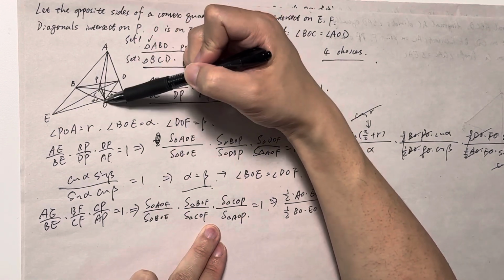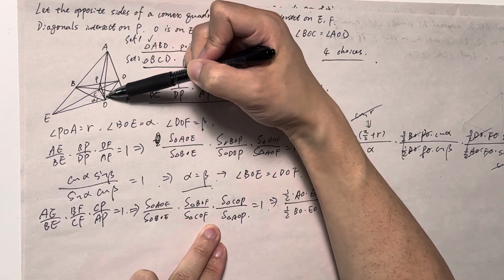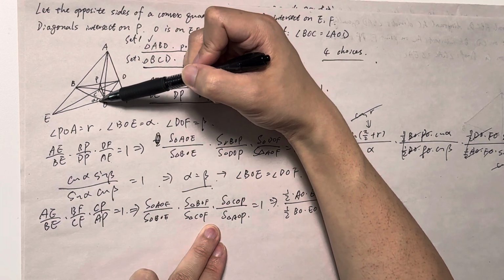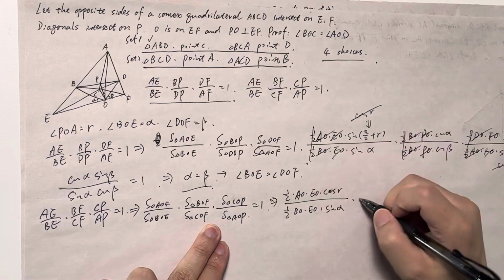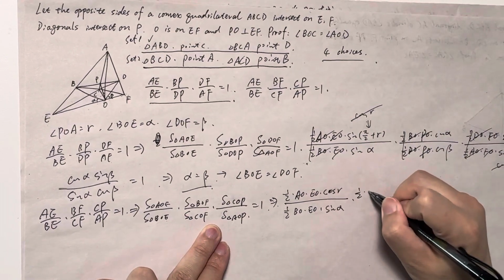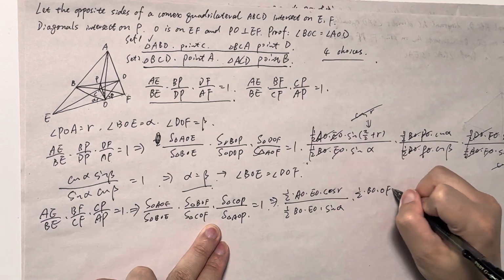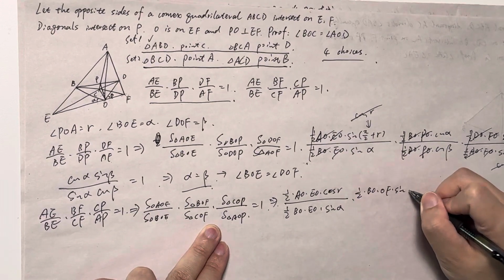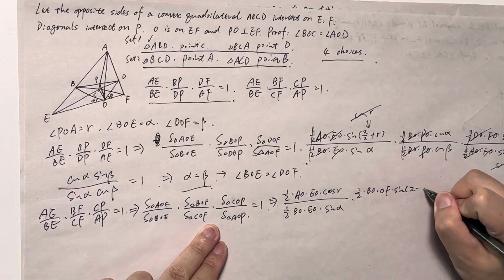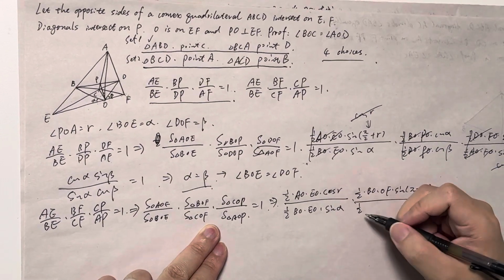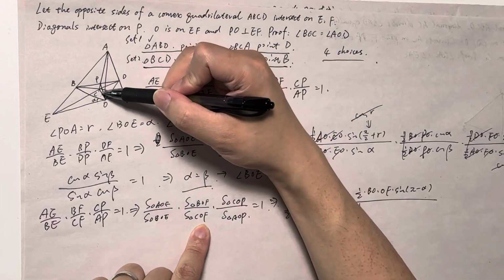What is BF? That's the area of BOF, so BO times OF times sine this angle. Sine pi minus alpha is sine alpha. So we got half times BO times OF times sine pi minus alpha, which is sine alpha. And we have COF here.